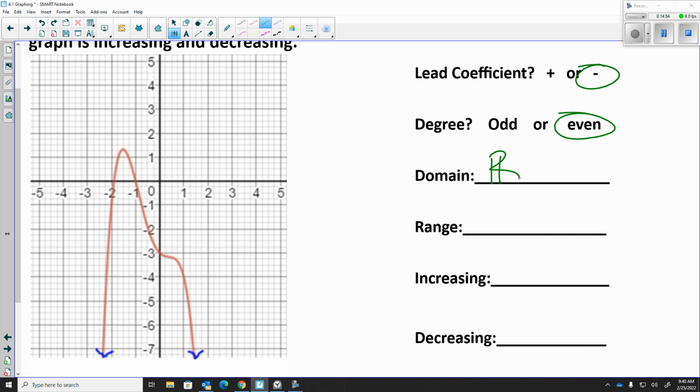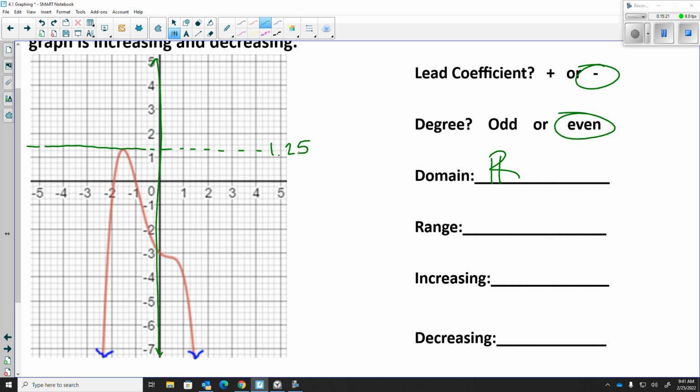The range. Now we're looking at y. When we talk about range, we're asking ourselves, is there a place where the graph gets cut off going up and down? Where does it stop? I don't know exactly, 1 point something. We'll say it's 1.25.